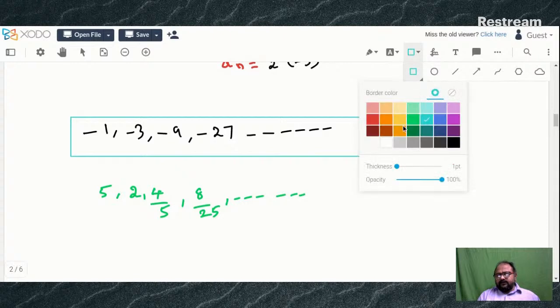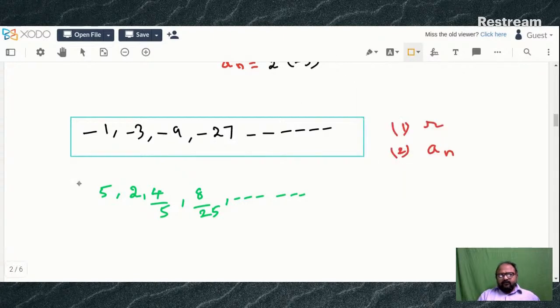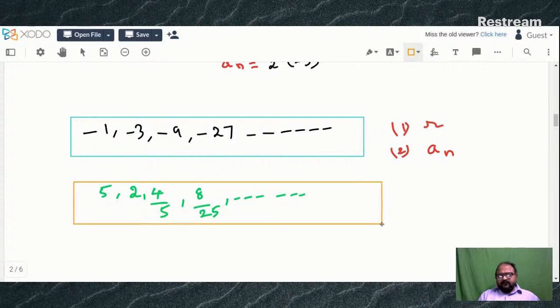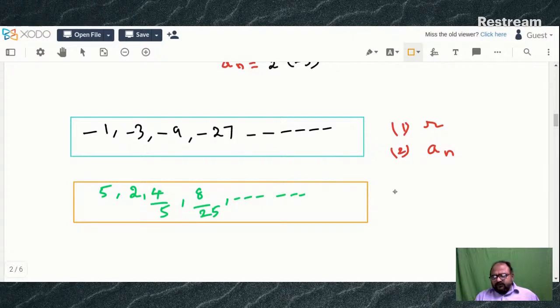This is also in geometric progression. The list of numbers given to you is in a geometric progression. You should find the common ratio and the nth term. Students can respond if you have any doubts in this model.